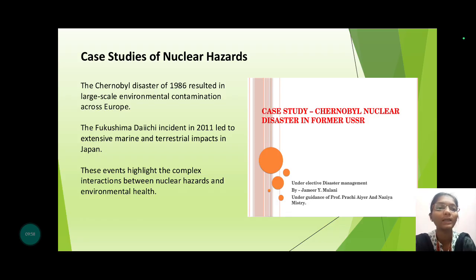These effects highlight the complex interactions between nuclear hazards and environmental health. The case study, Chernobyl nuclear disaster in former USSR under elective disaster management, is by Jamir Y. Mulani, under the guidance of Professor Prachi Iyer and Nazia Mistry.